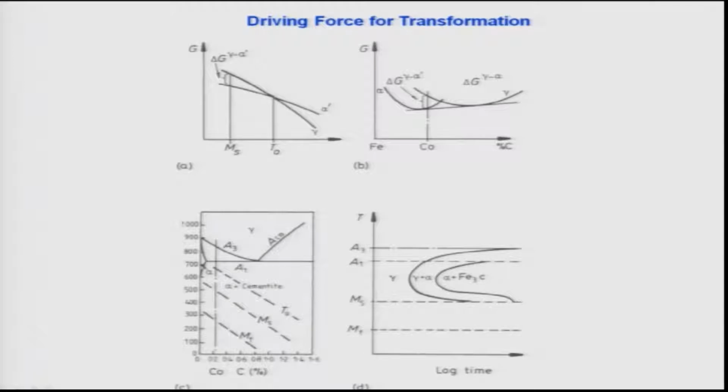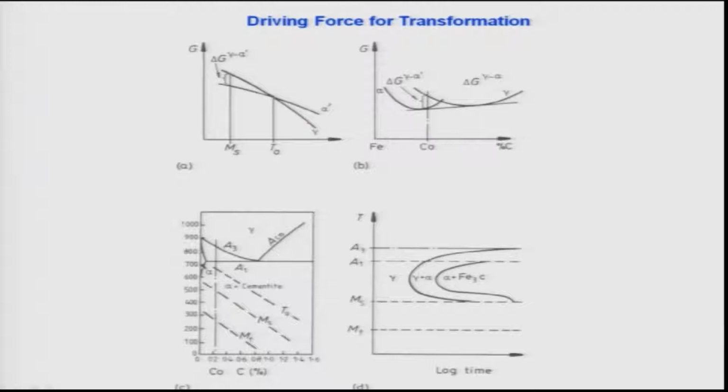As you see here, above a temperature T0 at which both the curves intersect each other, the gamma is more stable, and below this temperature T0, martensite is more stable. So, that means below T0 it is possible to transform gamma to martensite.